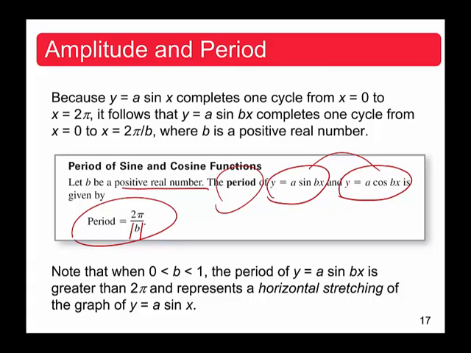And if b is greater than 0 and less than 1, the period of a times sine bx is greater than 2 pi, so we have a horizontal stretch. Okay, it represents a horizontal stretch, meaning one revolution becomes longer.